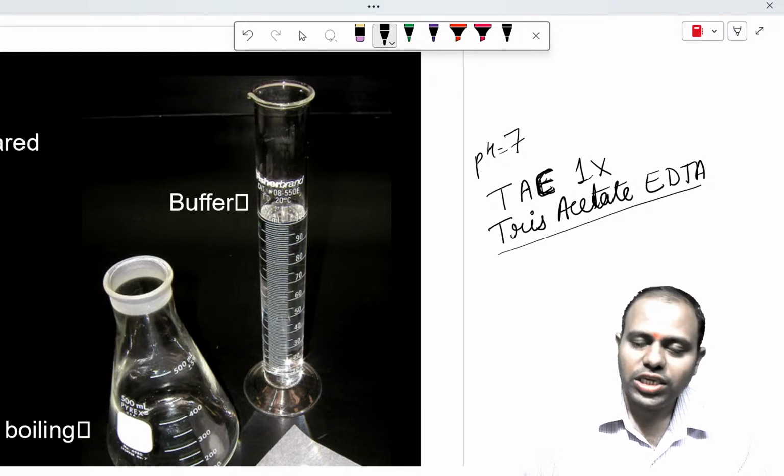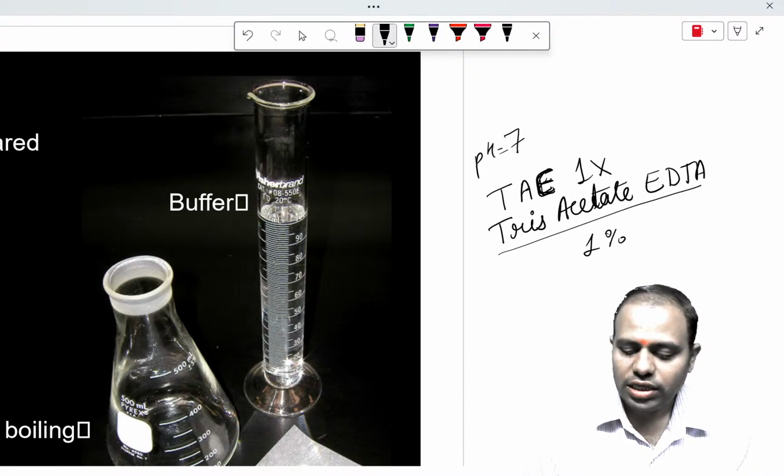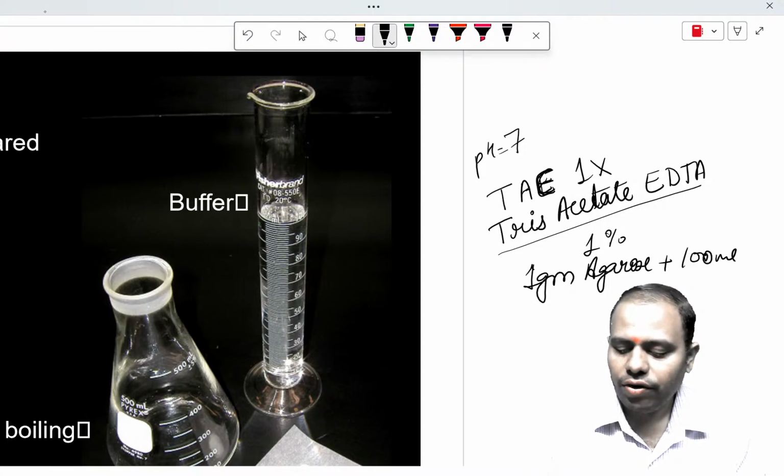Suppose I want to prepare 1% agarose gel. What am I going to do? I will take 1 gram agarose powder plus 100 ml of distilled water or 1x TAE buffer. Generally we prefer TAE buffer because it has better pH balance.